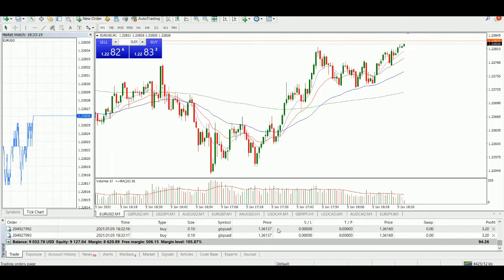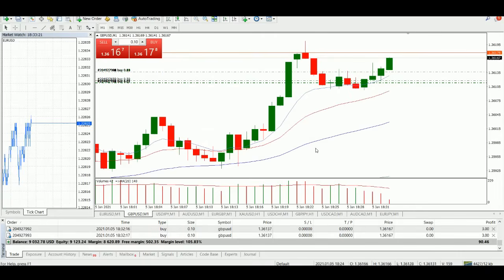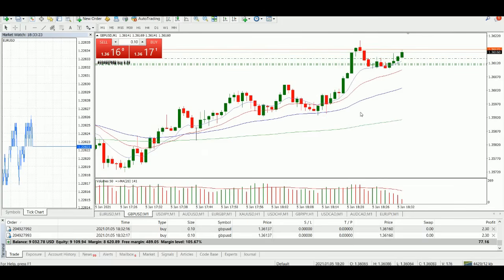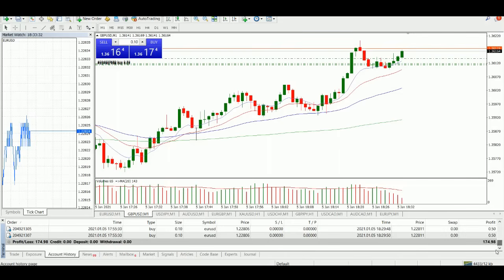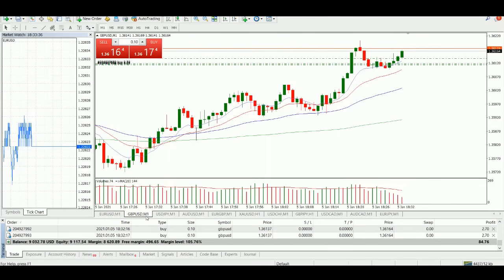Let's see on GBP dollar, $94. That's another $100 on the way. Just wait for it, how much I will be making. That's another $100 within less than 1 hour. I am on more than $200 in profits, or even $300 in profits, trading a very small account, with very small leverage.